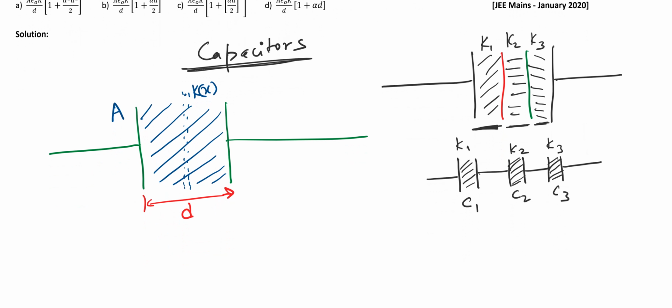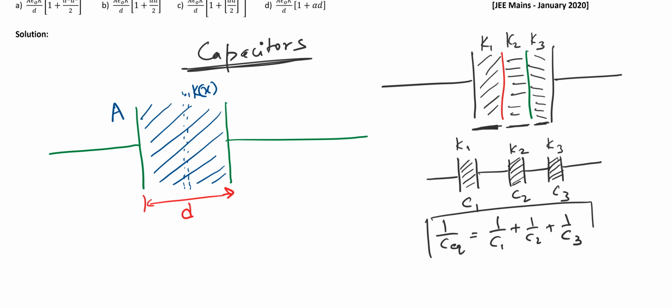Since these three are in series, the equivalent capacitance of this combination would be given as 1 by C1 plus 1 by C2 plus 1 by C3. And this is how we can calculate the equivalent capacitance of a capacitor whose area between the plates is filled with different dielectrics.